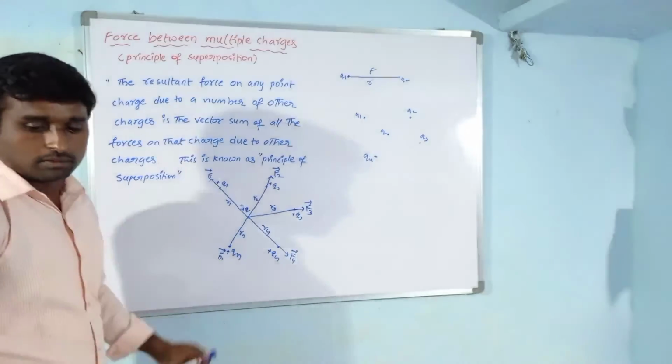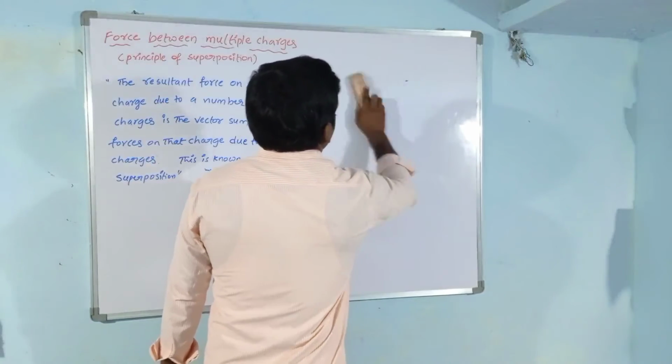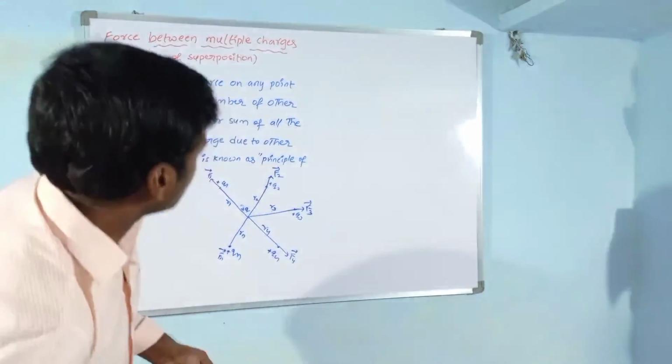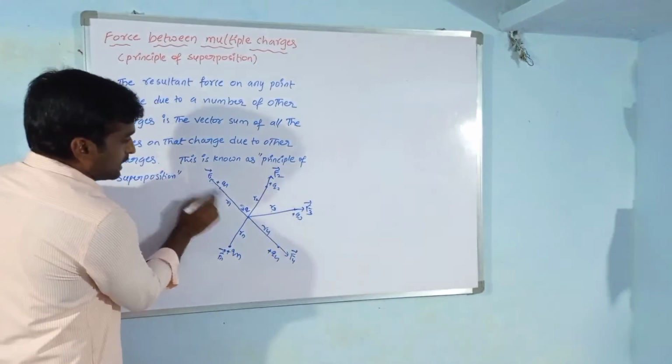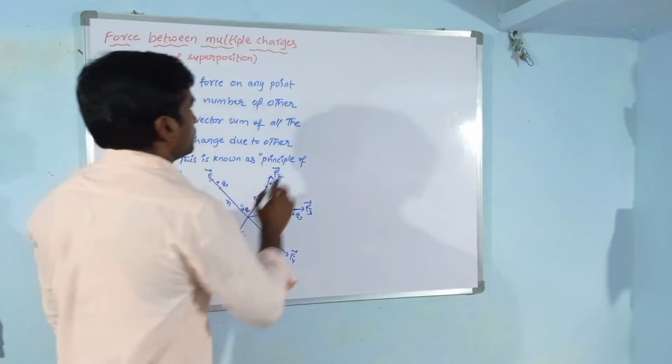First of all, I am taking F1. F1 is the force acting between Q1 and Q, that means the force acting on charged particle Q due to Q1.